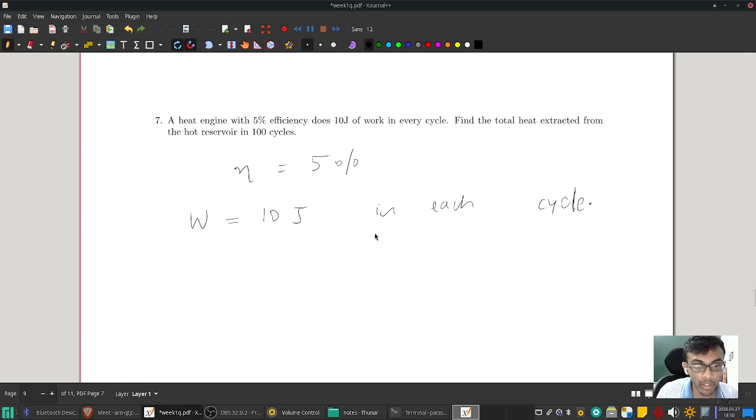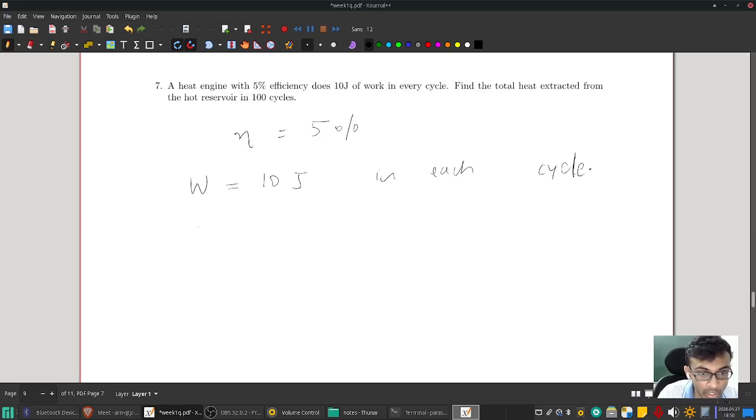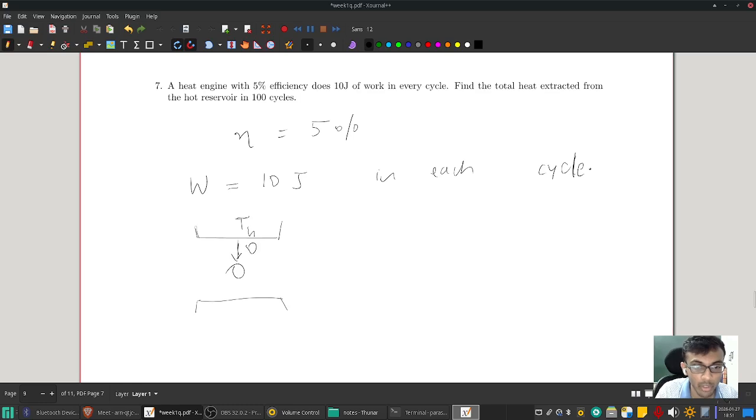Yeah, so any heat engine, if you think of it schematically, it's going to extract heat from a reservoir, and so let's call this Q hot, QH, or this is the heat extracted from the hot reservoir.